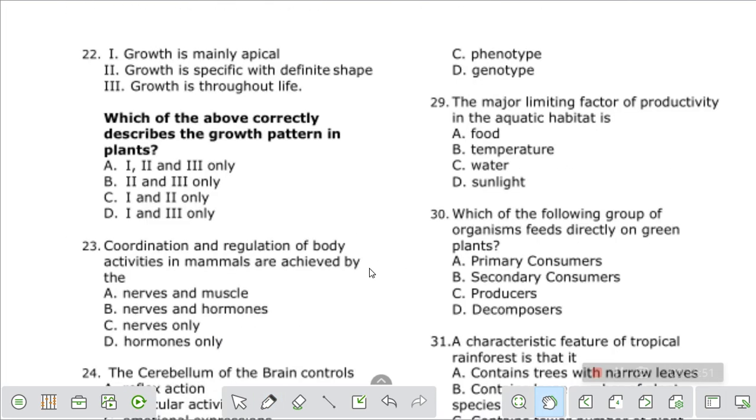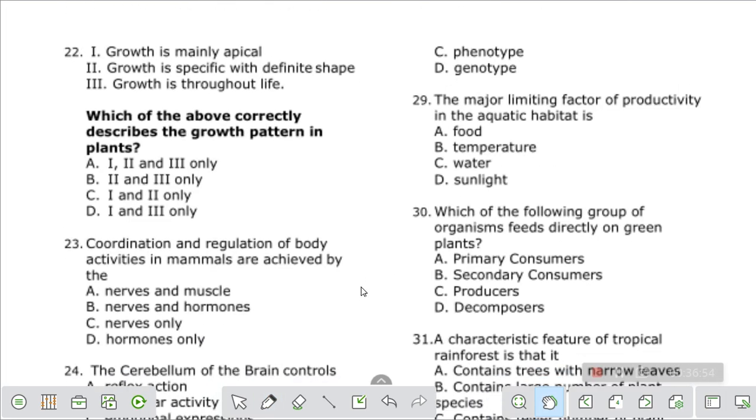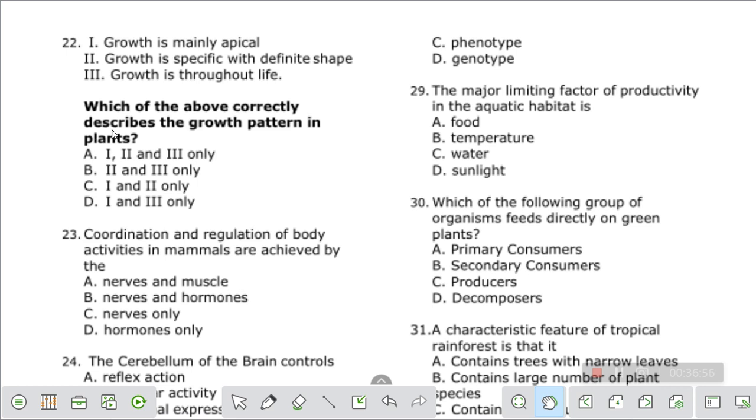Growth is specific with definite shape. Growth is throughout life. I told you that plants will continue to grow throughout their life, but that is not applicable for animals. I told you females between 17 to 18 years will not grow taller again, while males maybe 20 to 21 years will not grow taller again, right?